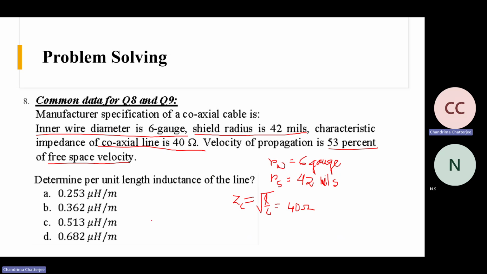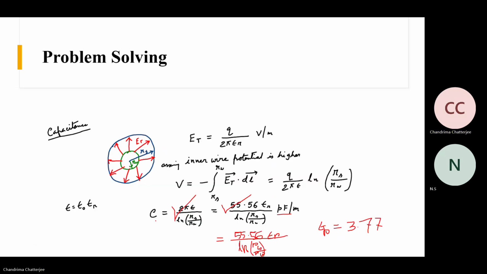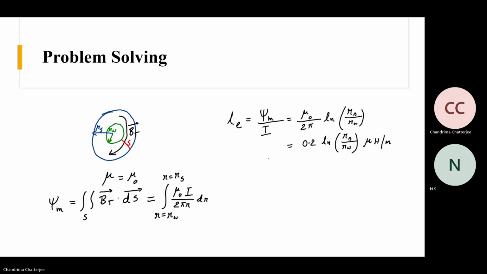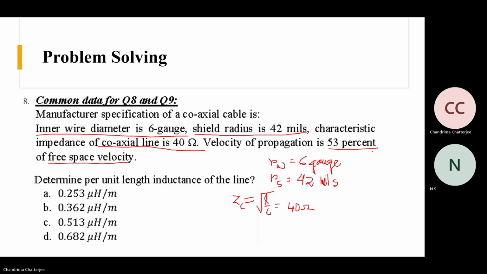So we just saw how to find out the per unit length inductance of a coaxial cable by this expression, which is coming from Ampere's law. So we have all the values, we can directly put them and we will get the inductance value. So 6 gauge is equal to how many centimeters?